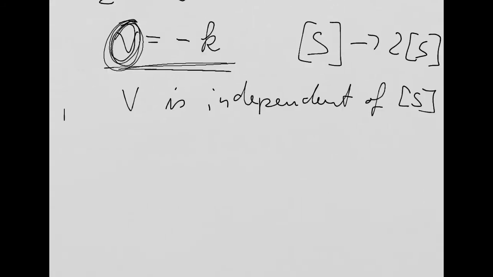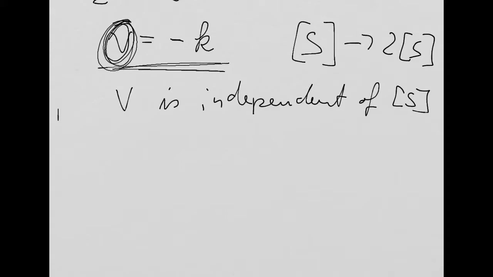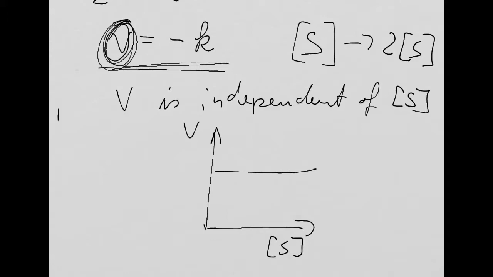And if we go to the previous example, if we plot that, S, V, well, it doesn't depend on S. How would the line go? What do you reckon? It would be a horizontal line, exactly. Because V doesn't depend on S. If I add more S, nothing happens. That makes sense?